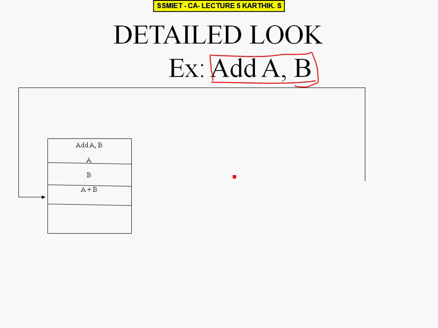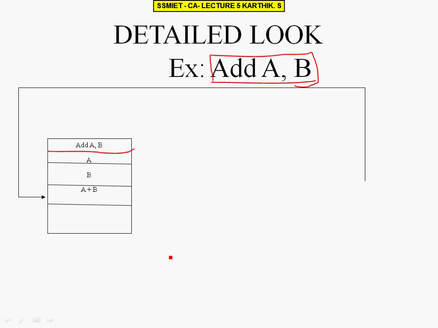First, this is the memory. This memory contains the instruction add a comma b, where a is data 1, b is data 2 and a plus b is the result. So this is the memory which holds the instruction, data 1, data 2 and the result.